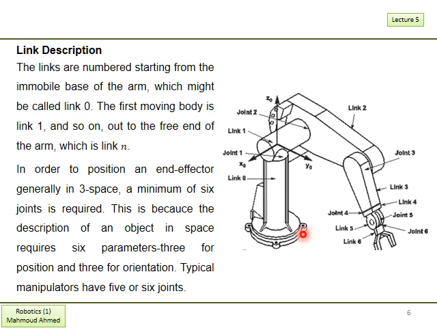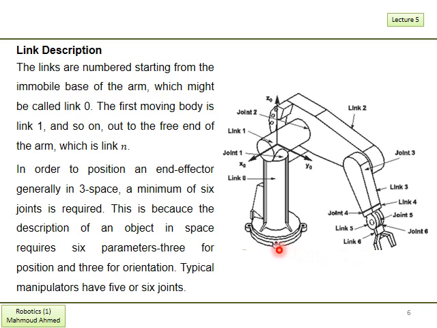For the link description, we have mentioned before, this is the fixed base, and this is the end effector. And in the shown figure, we begin with the numbering from the fixed base till the end effector.